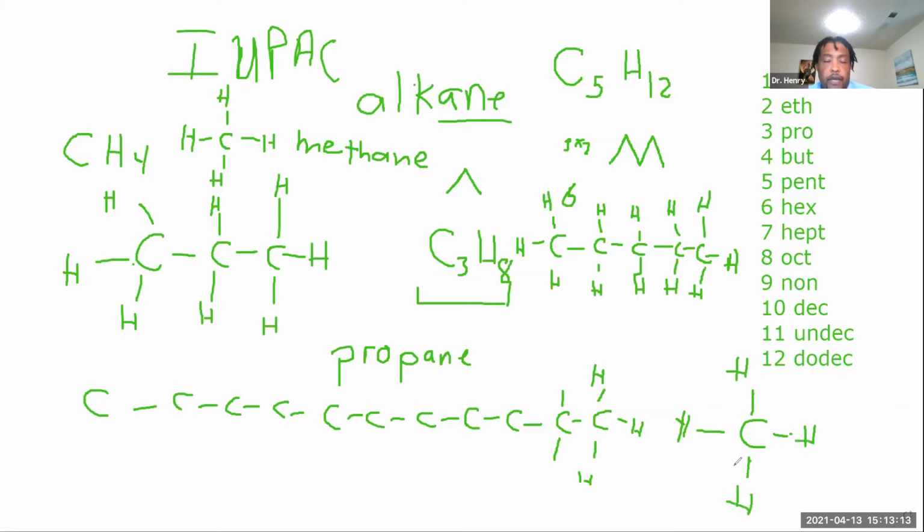In the case of methane, it's all 4 hydrogens. In the case of this guy, it would be called pentane. You have hydrogens occupying every spot that is not being occupied by a bond with another carbon.